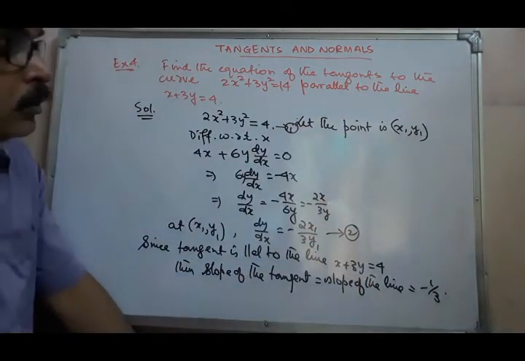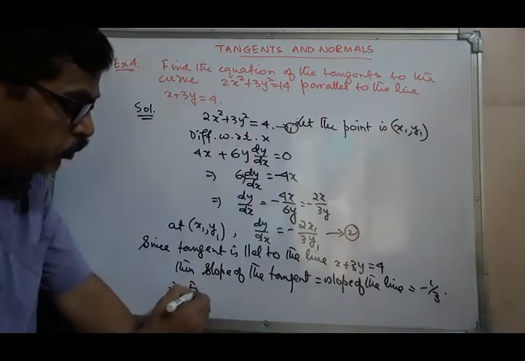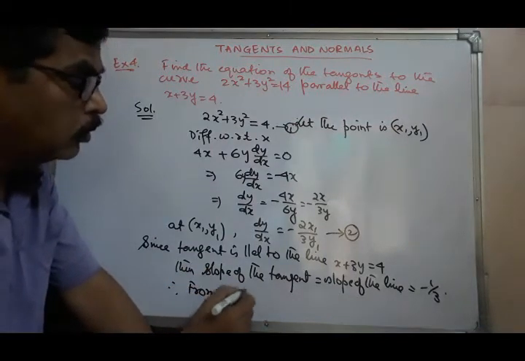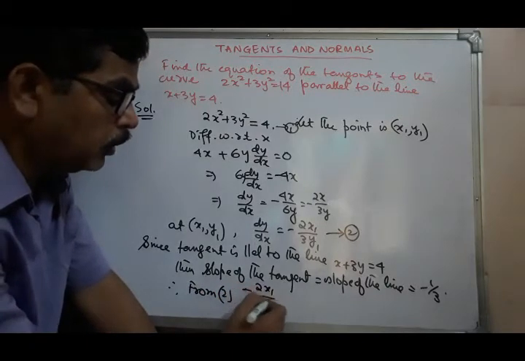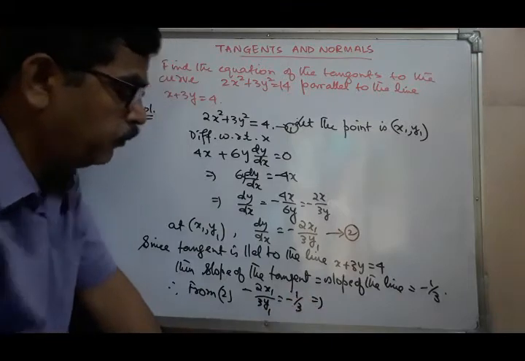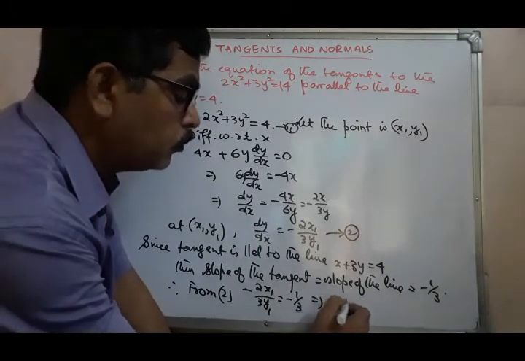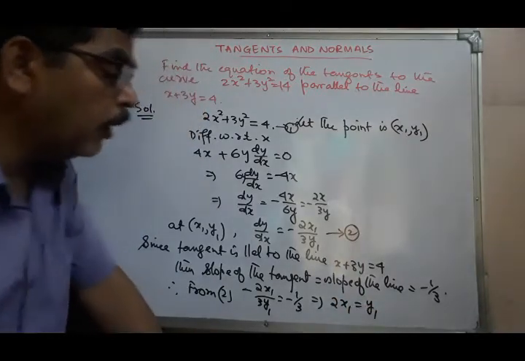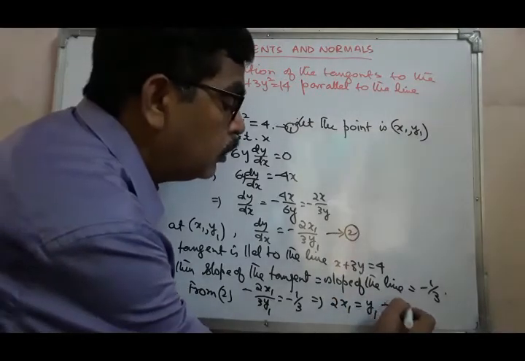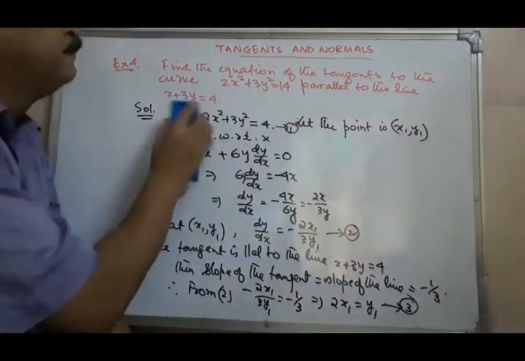So therefore from equation 2, minus 2x1 by 3y1 equal to minus 1 by 3. So therefore 2x1 equal to y1, equation number 3. We are going to the top again.